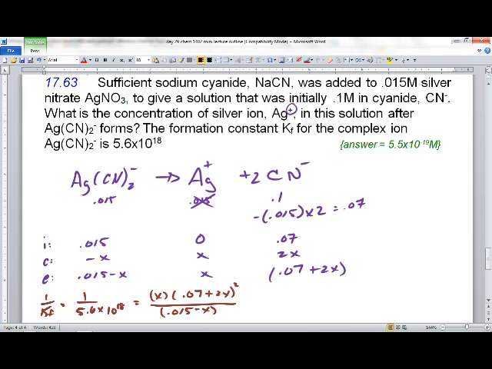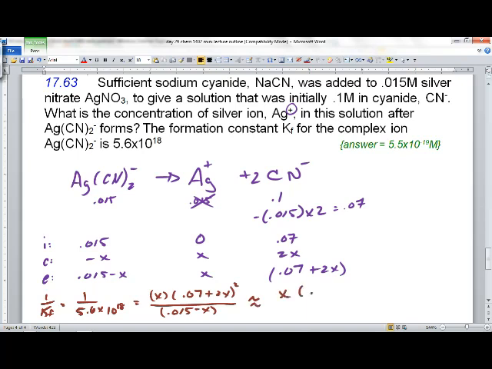Okay. Time to drop x's. Because you take 1 and divide it by 5.6 times 10 to the 18th, you get a really small number. Definitely drop x's. What can you drop? A 2x and a minus x. They got to be numbers that you're adding or subtracting some x's to. And that x out front, you're not adding or subtracting anything to it. So this is approximately x.